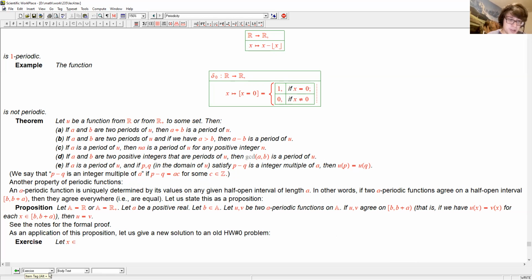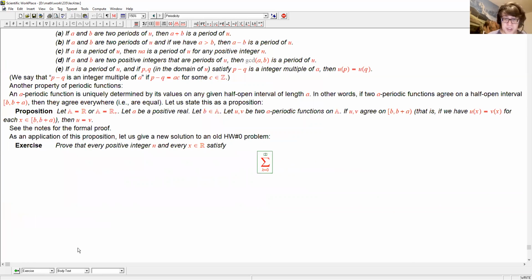Prove that every positive integer n and every real number x satisfy this sum is this here. So, an alternative solution, I mean alternative to the ones that I gave in the notes.